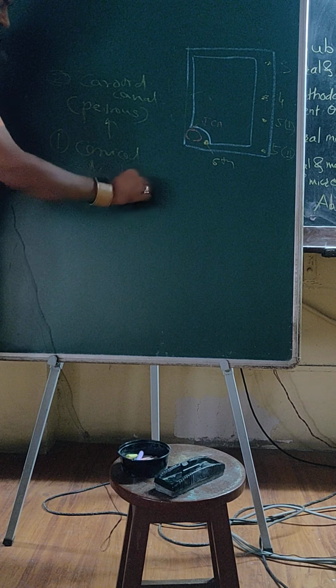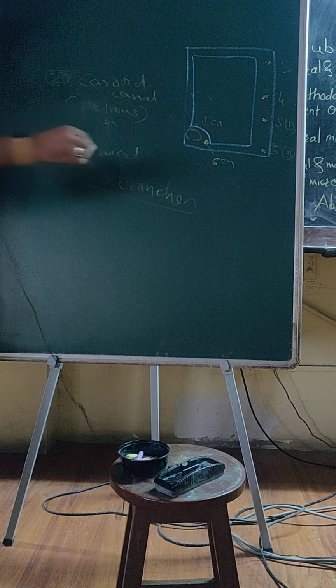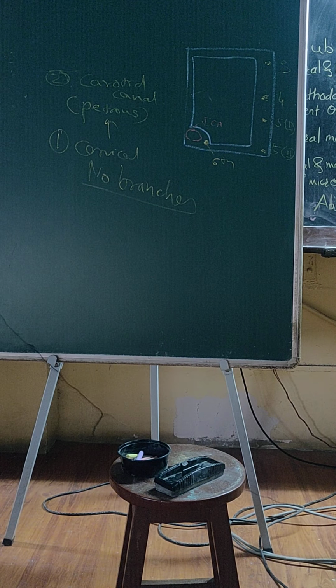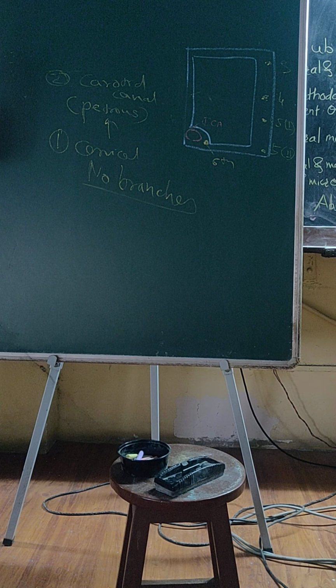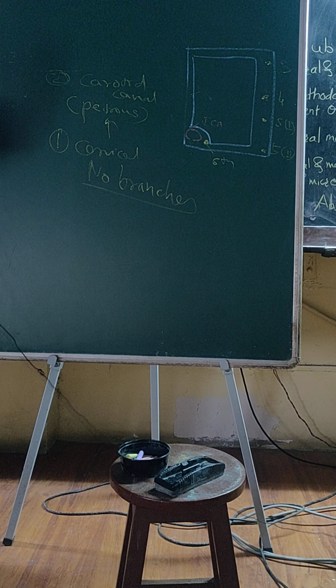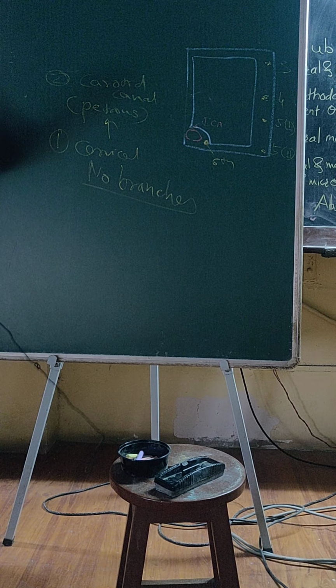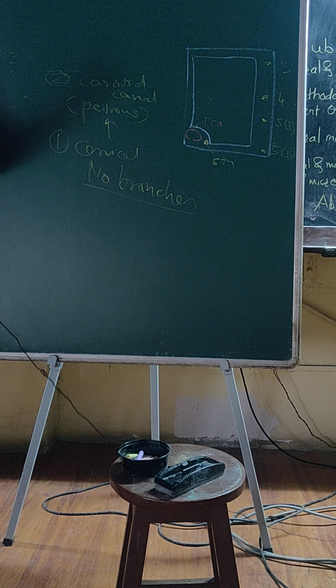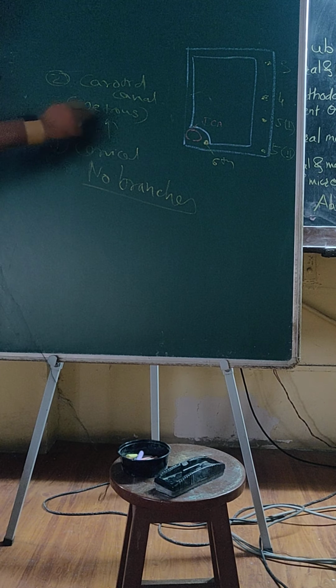Cervical, no branches. You have to remember this. The first part of the internal carotid does not give any branch because it is meant to go inside the brain. Then the petrous part.